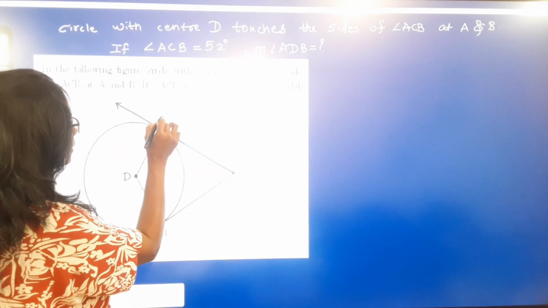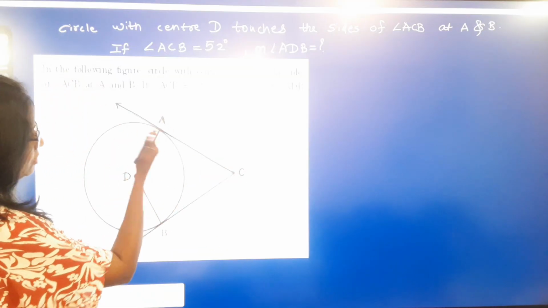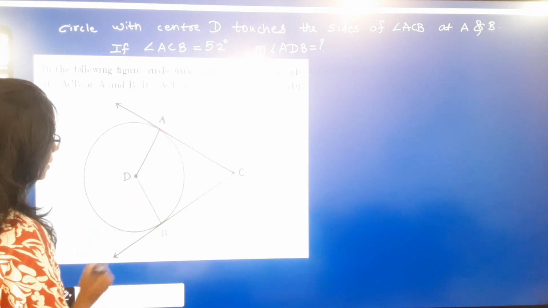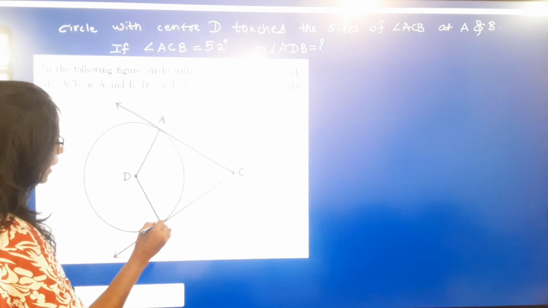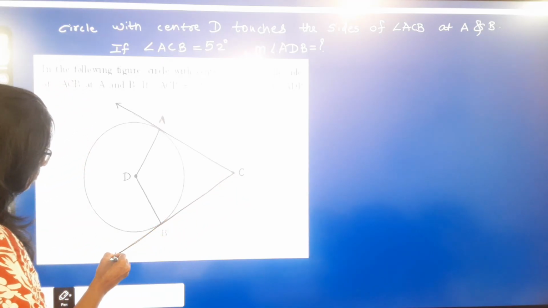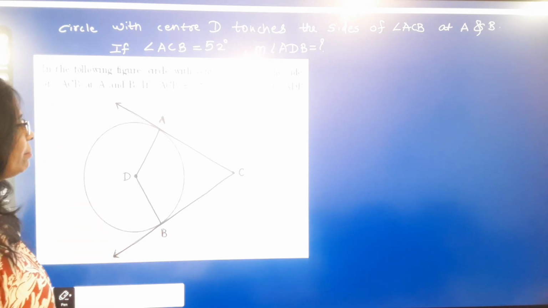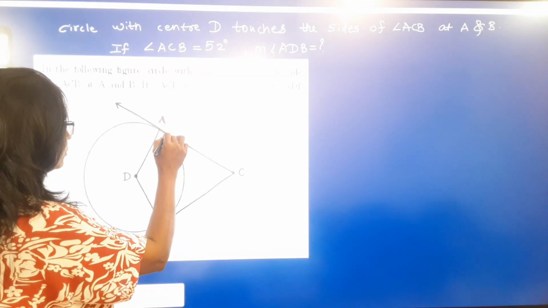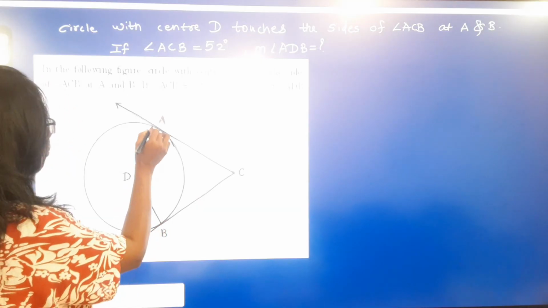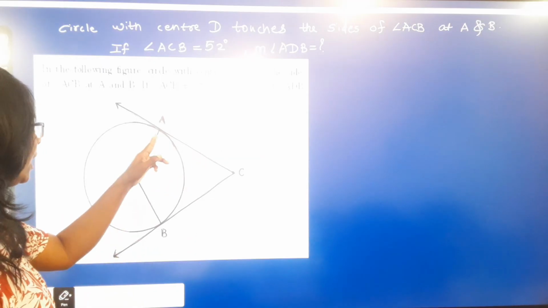Here CA is the first tangent, DA is the radius, DB is another radius, and CB is the other tangent. Now by the given information and from the figure we can calculate the major angle ADB.